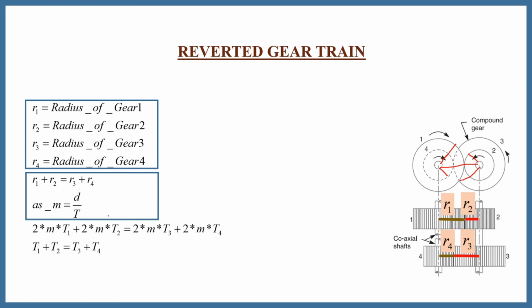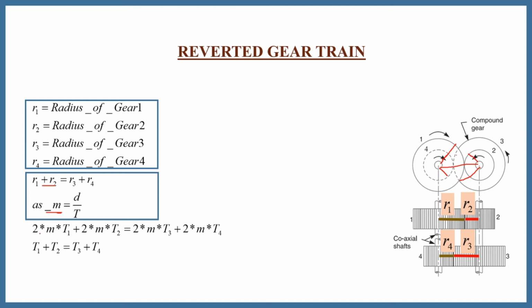Again, we know that these are spur gears or helical gears. Every gear must have the same transverse module or the normal module. That means m is equal to d by t. If you put this in the equation, d by t means 2r upon t.